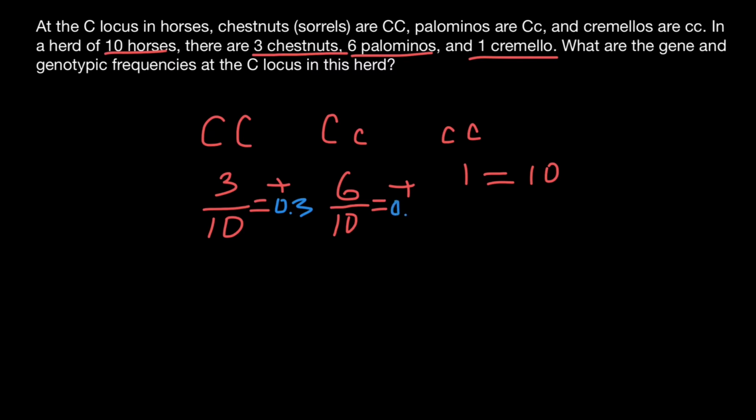And the frequency of the cremello would be 1 divided by 10, which gives 0.1. And take a look, if we add all these 3 frequencies, 0.3 plus 0.6 plus 0.1, we get 1.